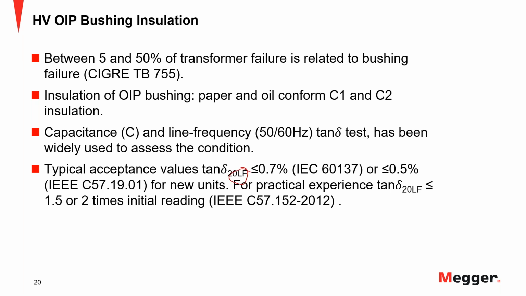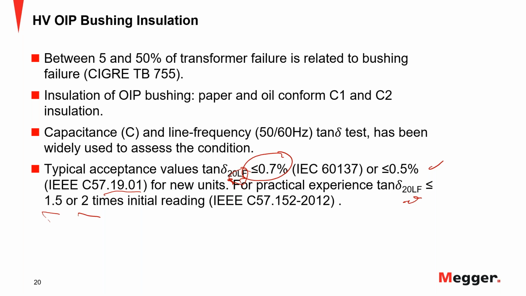And through the presentation, you will see, for example, the tan delta, or the power factor, with a 20 here referring to the temperature, and LF referring to line frequency, suggested to be below 0.7% according to IEC, or below 0.5% according to C57.19.01. That's for new units. And I would say here, the practical experience and the recommendation from manufacturers has been that your tan delta, or your power factor at 20 degrees C line frequency, should be less than 1.5 or 2 times the initial reading.